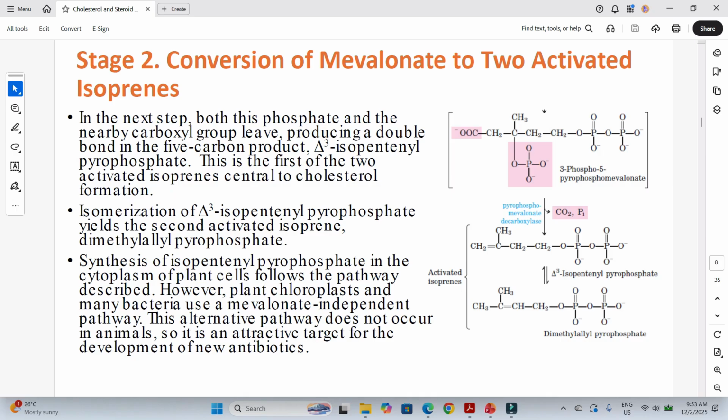Delta-3 isopentenyl pyrophosphate is afterwards isomerized to dimethylallyl pyrophosphate. See here, dimethylallyl pyrophosphate. These are the two activated isoprenes that we're talking about. So here, we have seen the transformation of mevalonate into two activated isoprene units.